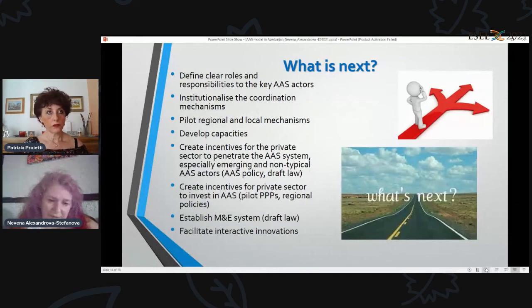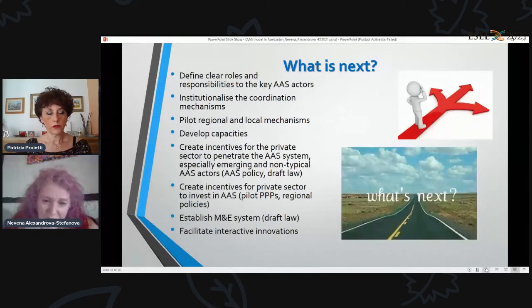We're also helping the country to establish a monitoring and evaluation system along the lines of FAO's work on agriculture innovation systems and agriculture extension and advisory services.